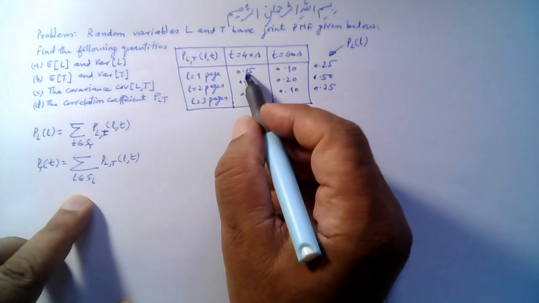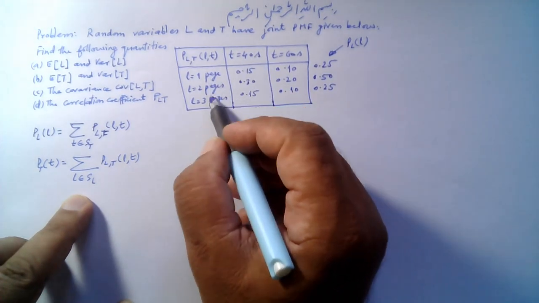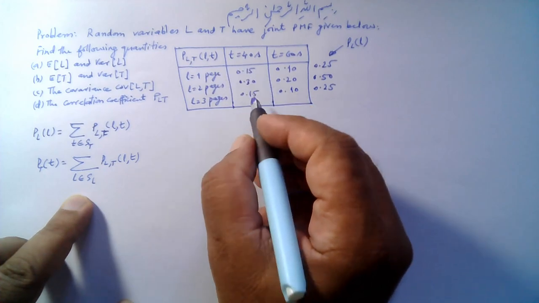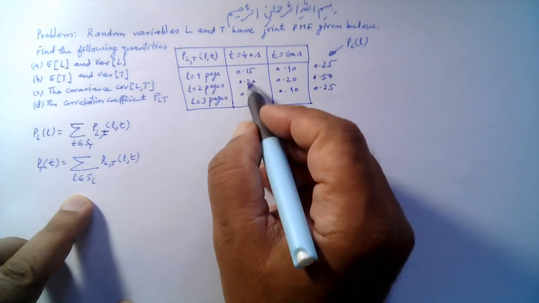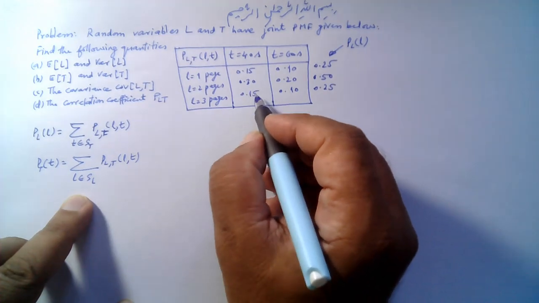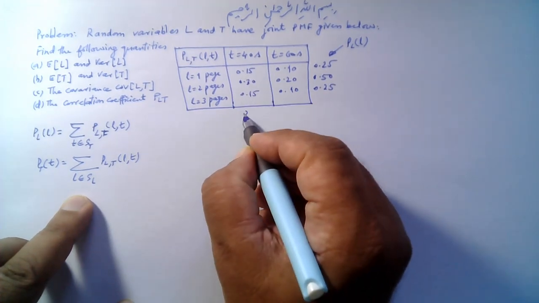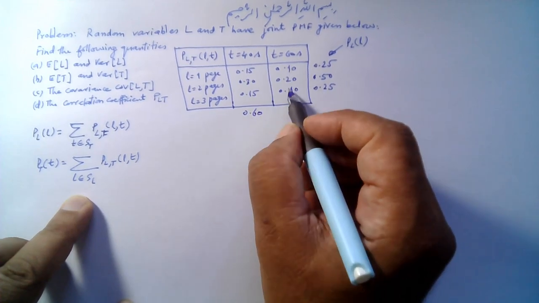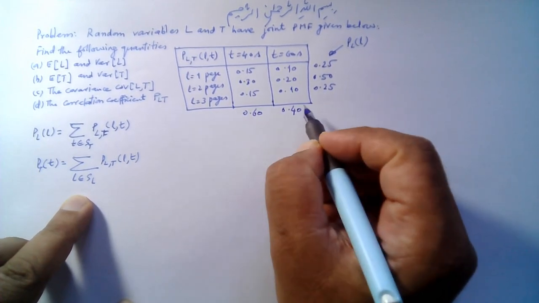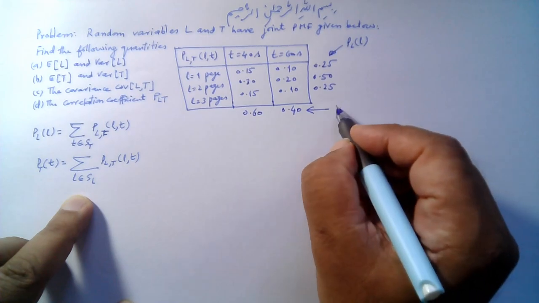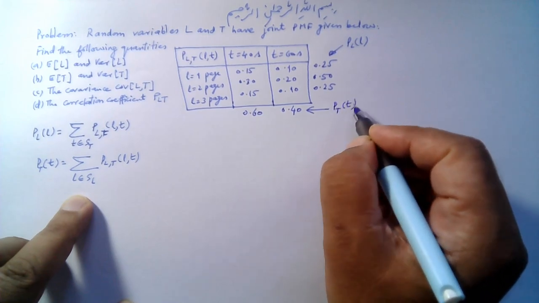And we need to add all the probability values corresponding to L here. So in other words, we need to add this column here. So this comes out to be 0.15 plus 0.15, this is 0.30 plus 0.30, this is 0.60, and this comes out to be 0.40. This is now the PMF of random variable T that we have with us.